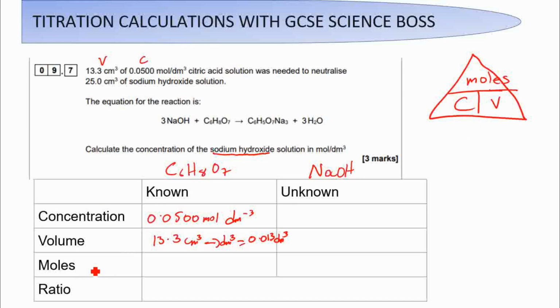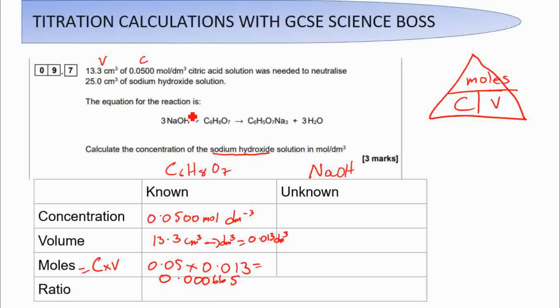So it's going to be C times V, concentration times volume. So it's going to be 0.05 times 0.013. If you've done that correctly, that should give you an answer of 6.65 times 10 to the minus 4.